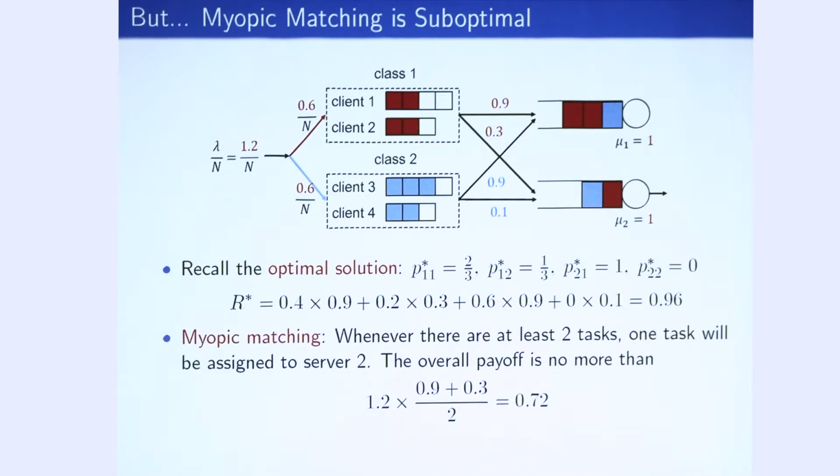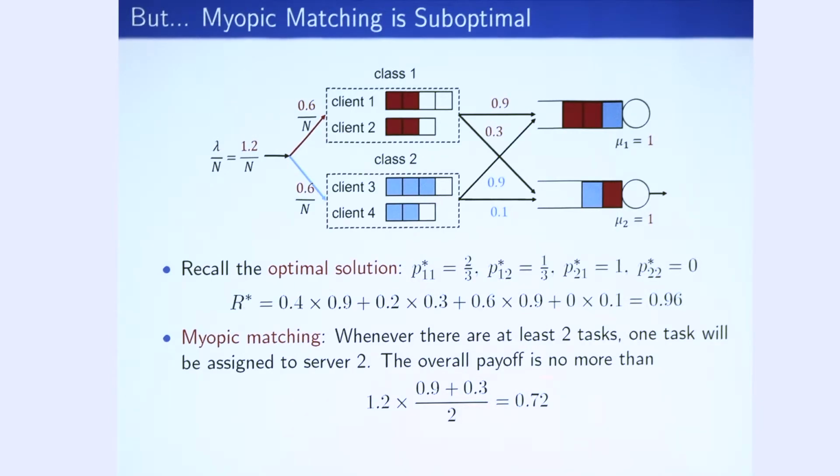But if you look at myopic matching, even though here I assume the UCB estimates are perfect, it turns out that whenever you find at least 2 tasks in the system, if server 2 is available, then 1 task will be assigned to server 2. But if a task is assigned to server 2, the highest payoff they can get is 0.3. So it turns out that the overall payoff is no more than this number.